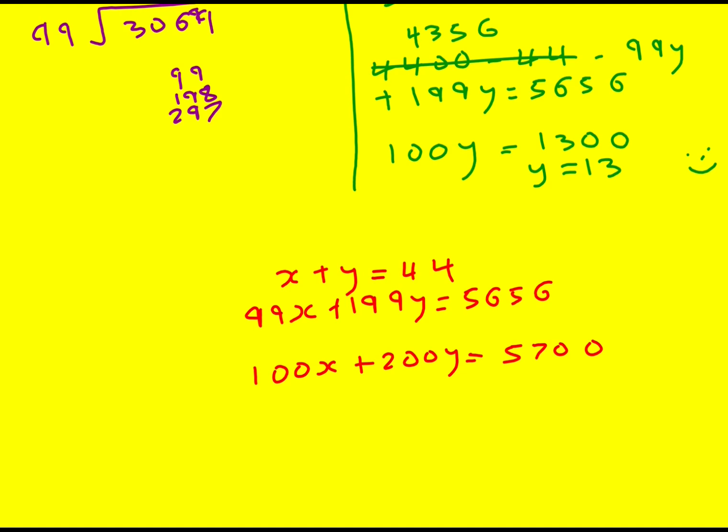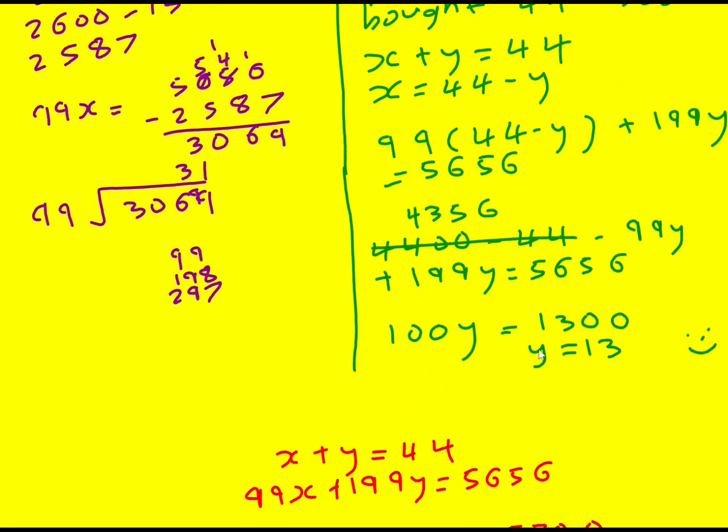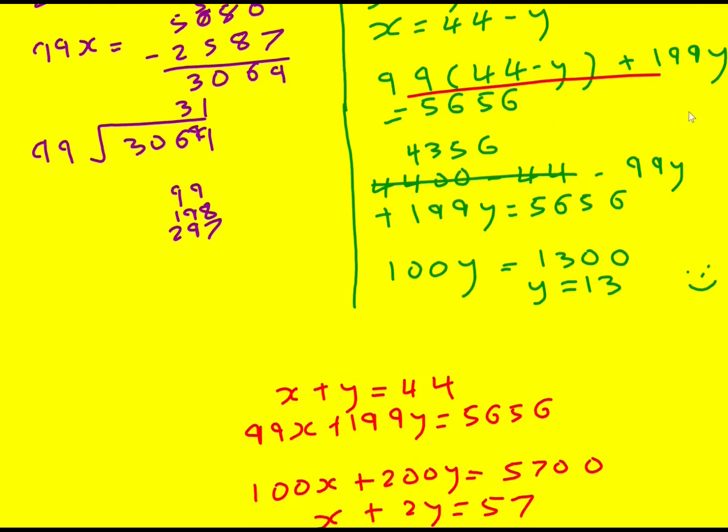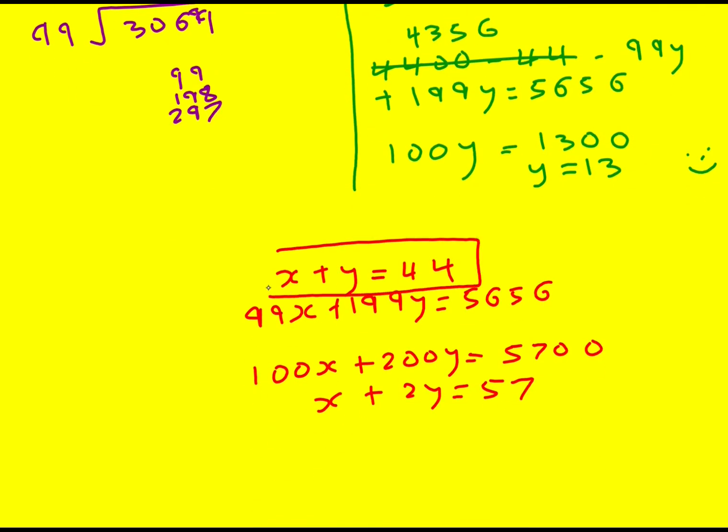It just works out lovely, because now we can divide through by 100 and get x plus 2y is 57. This is probably simpler to solve than my substitution. We've got x plus y is 44 and x plus 2y is 57. I can do the bottom one minus the top one: 2y minus y gives me y, x minus x cancels, and 57 minus 44 is 13. So y equals 13.